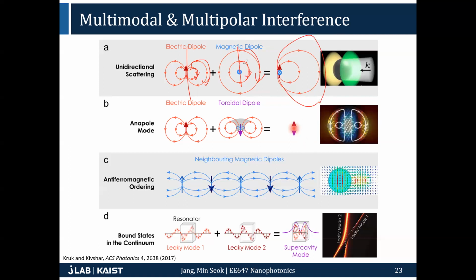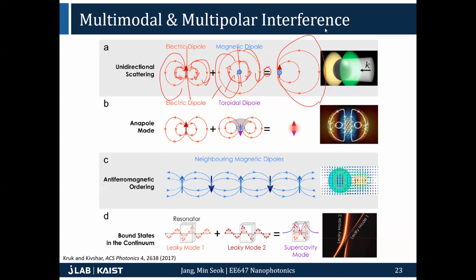On the other hand, this region and that region, this one wants to go counterclockwise but this one wants to go clockwise, so they cancel each other out. So there's nothing here. As a result, you have a strong forward scattering, almost 100% forward scattering in this case.